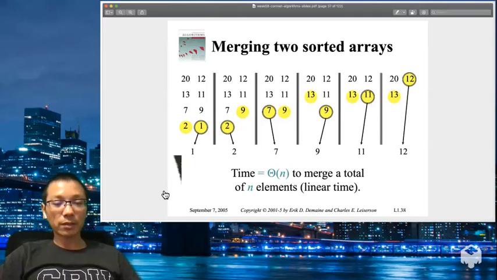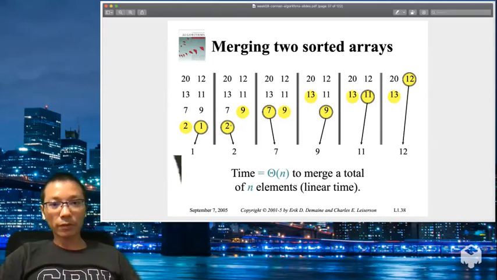Number 2, well, actually for number 2 we'll do another comparison with the other side, but the point is that we examine each element basically just one time when we pick the numbers into another combined array. And so this merging process just takes about theta of n to merge n elements.